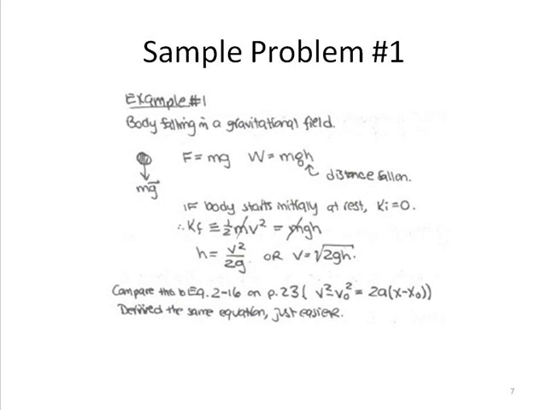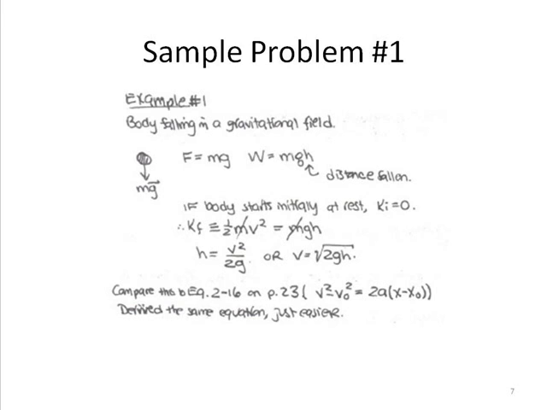The force, which is the weight, is just equal to mg. G is the acceleration due to gravity, 9.8 meters per second squared. Since the work is defined as the force times the displacement, work is equal to mgh, where h is the total distance fallen from the time the ball is released.